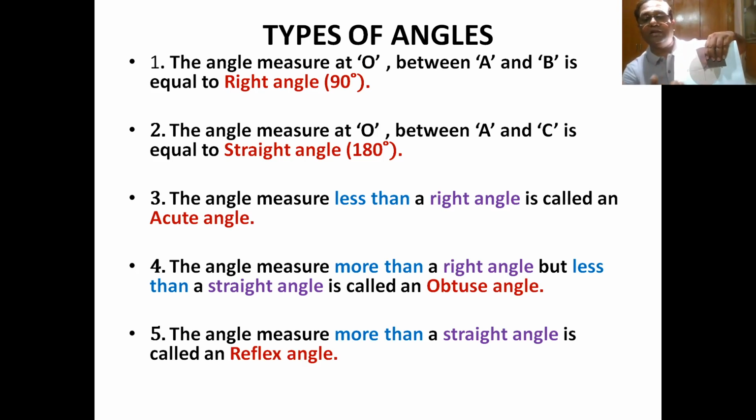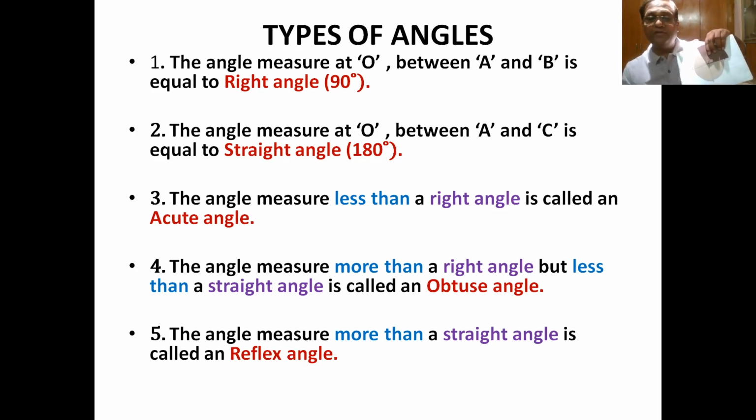It has crossed the 90 degree line, so it is more than 90 degrees. Such an angle is called an obtuse angle. The angle measure, if it is more than a right angle but less than a straight angle, is called an obtuse angle.